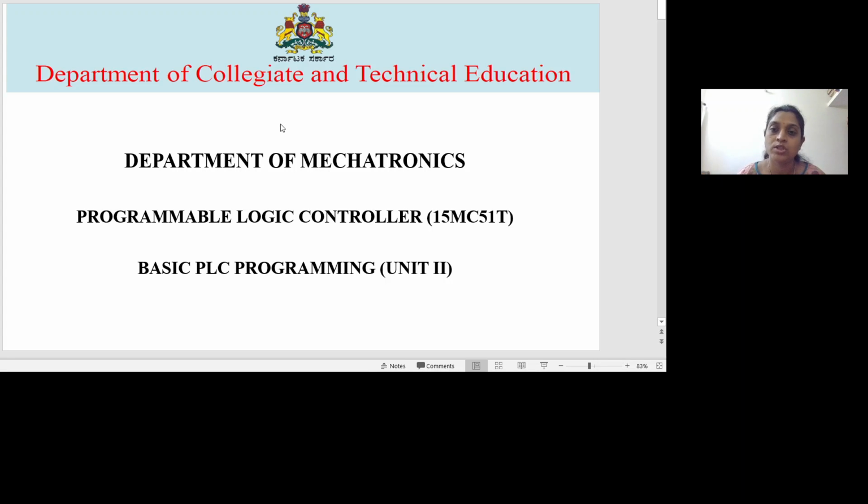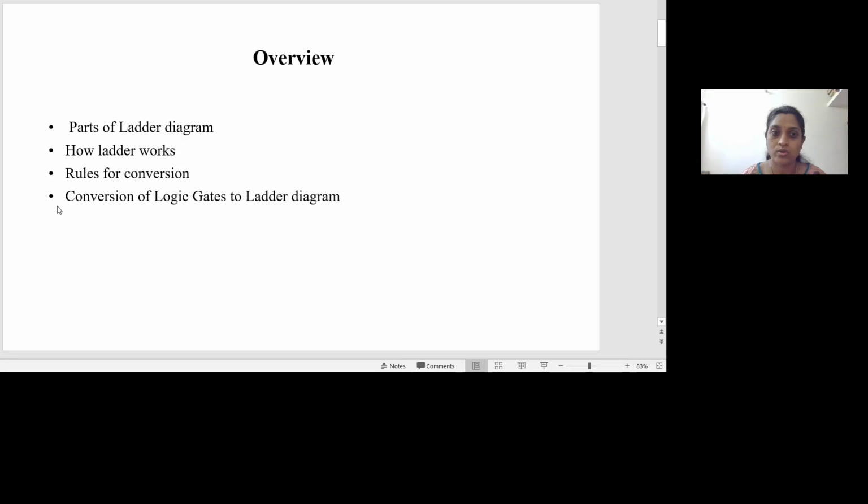Now, in this session, we'll be looking at what a ladder diagram is, how it works, then conversions. We'll go through the rules for the conversion, how to convert these logic gates into a ladder diagram, then rules for conversions. All these things will be covered in the present session.